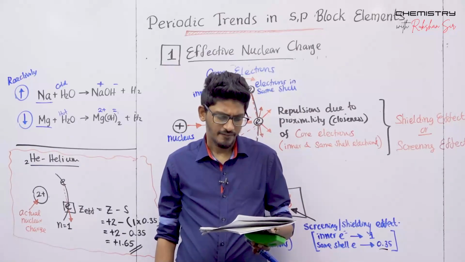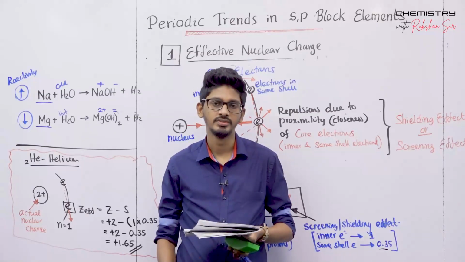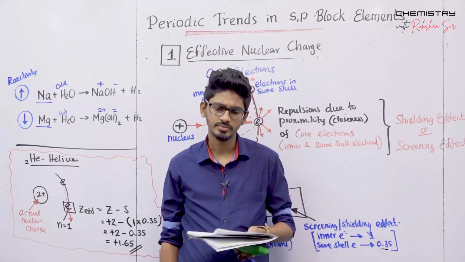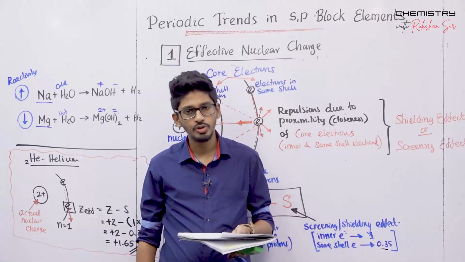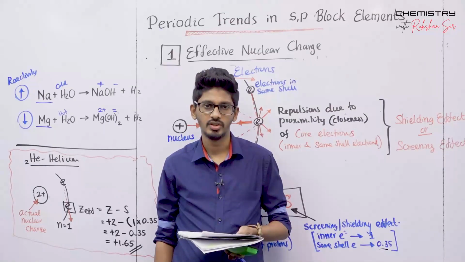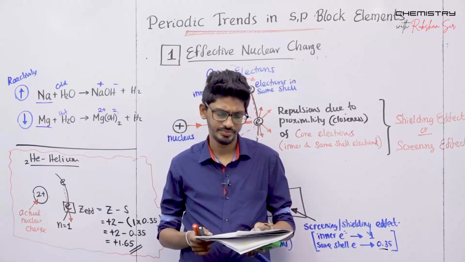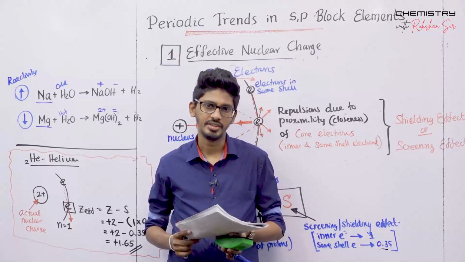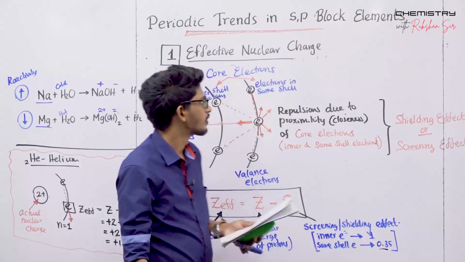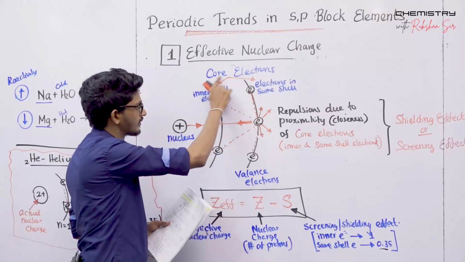For a considering electron, the shielding is due to the co-electrons. Write it in red color.